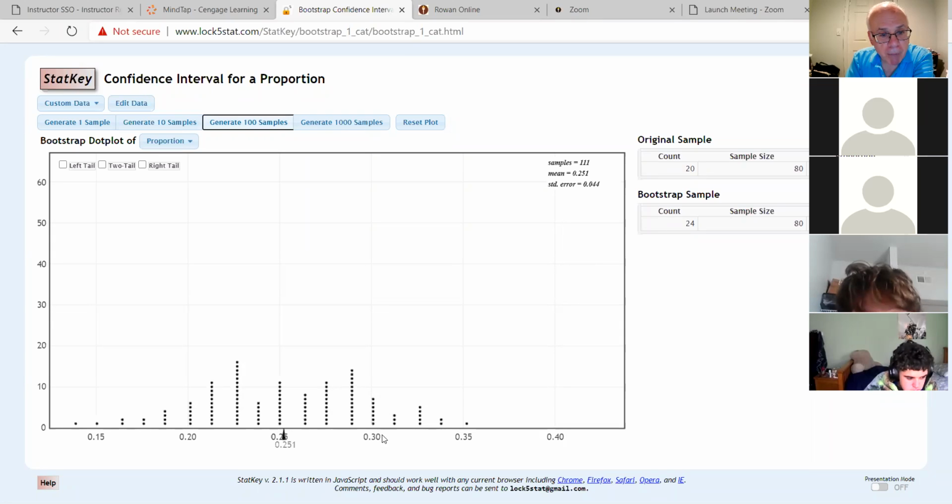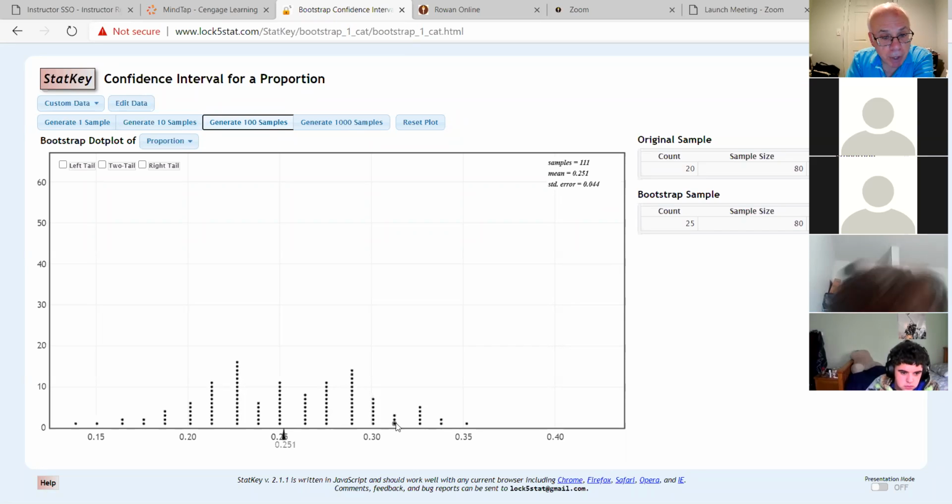And now we're seeing a dot plot being created here with all these various possible values. For example, for a proportion of 0.3, we have 1, 2, 3, 4, 5, 6, 7 bootstrap samples that had a 0.3 proportion, 7 out of the 111.